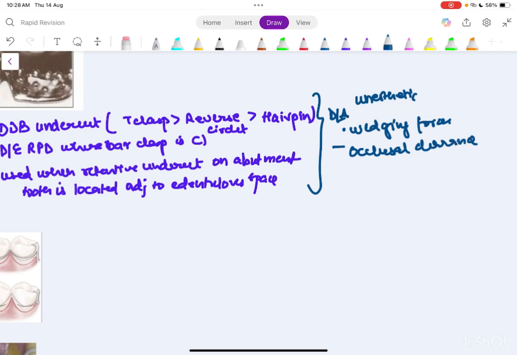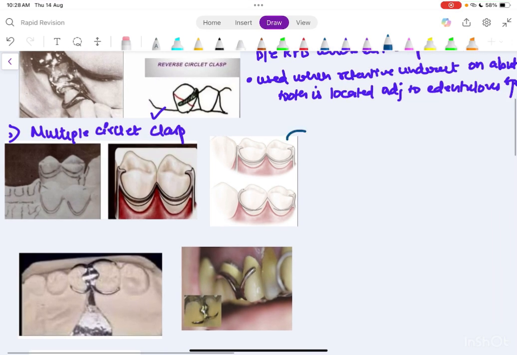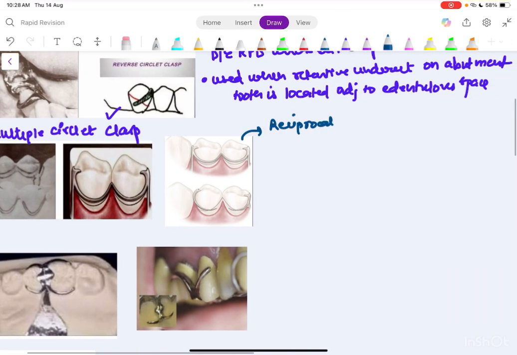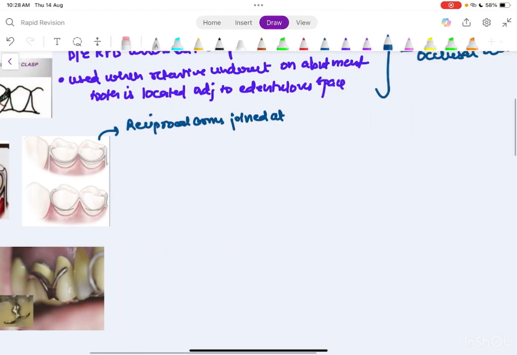Alright, then coming on to the next one, which is the multiple circlet clasp. Now in this, basically the two opposing circlet clasps, the reciprocal arms are joined. So reciprocal arms joined at the terminal end of two opposing circlet clasps.